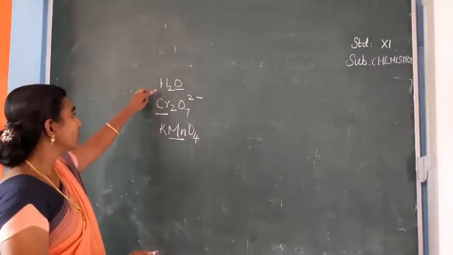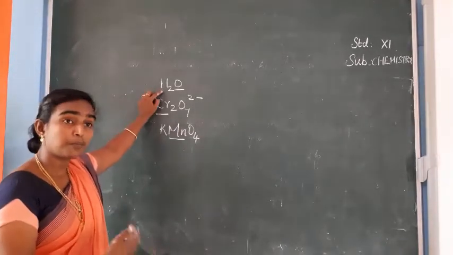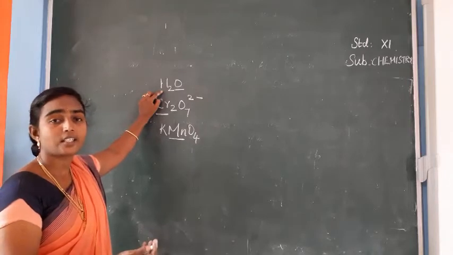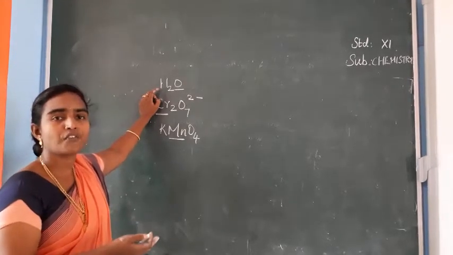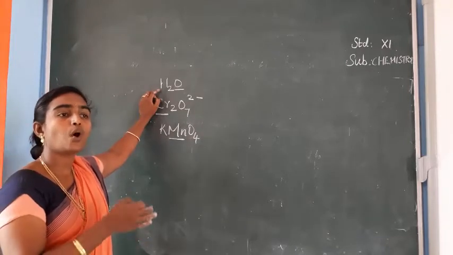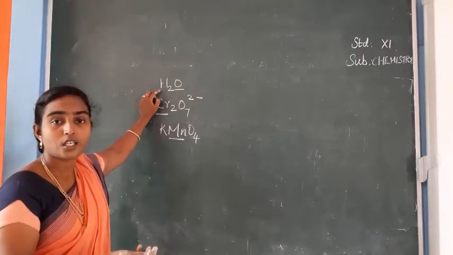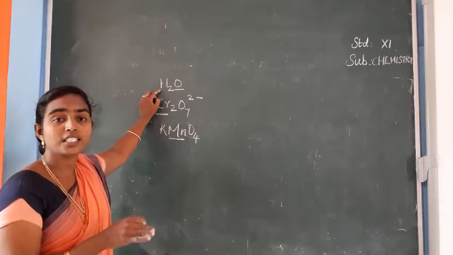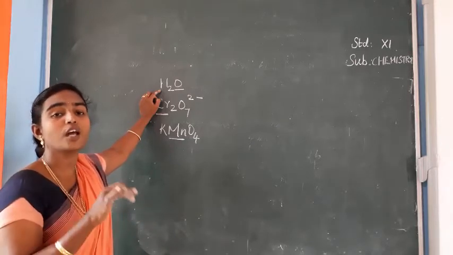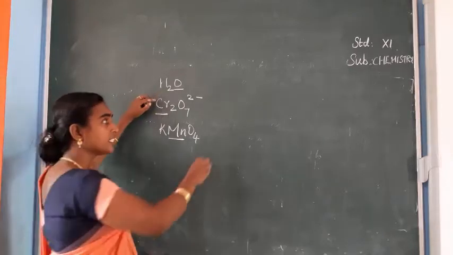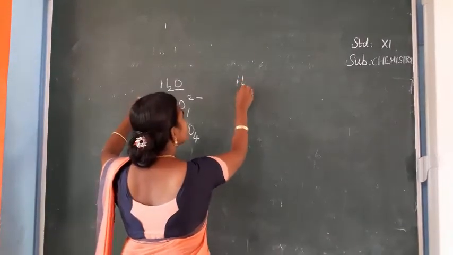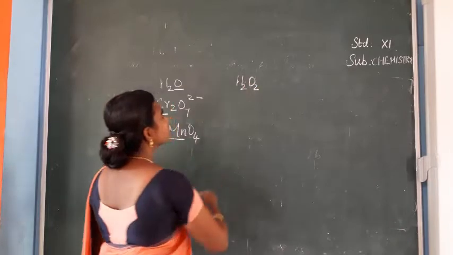So see here, H2O. Sometimes they can ask like this also: calculate the oxidation number of oxygen present in water and hydrogen peroxide. For such type of questions you have to know the formula of the compound also. Water is H2O, hydrogen peroxide is H2O2.